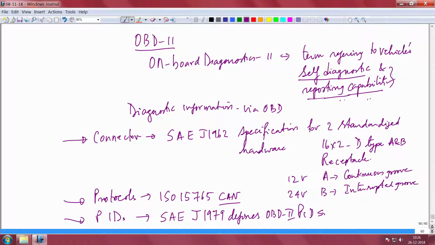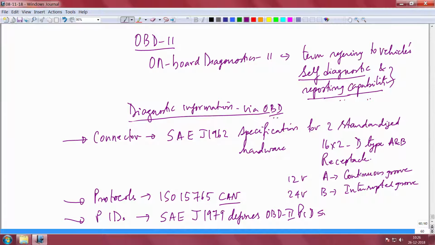This diagnostic information is available via the OBD2 port. If you read literature on OBD2, you will find very confusing documents, and a lot of information is available out there. Just to give you a quick overview, I put down 3 items of interest.